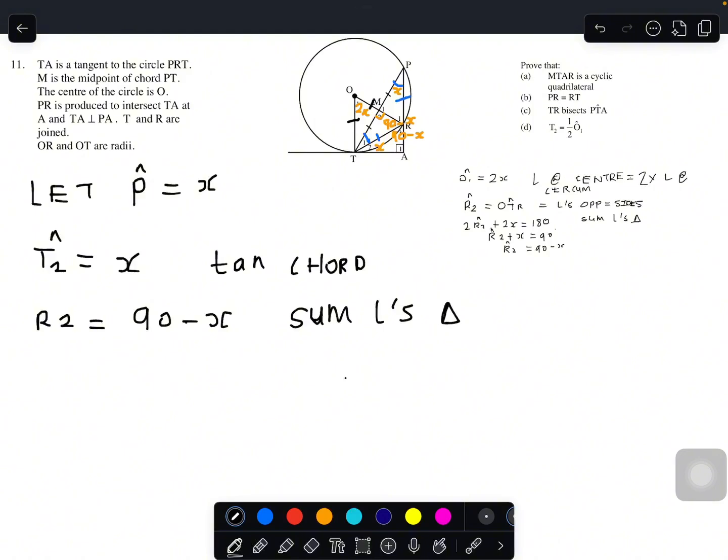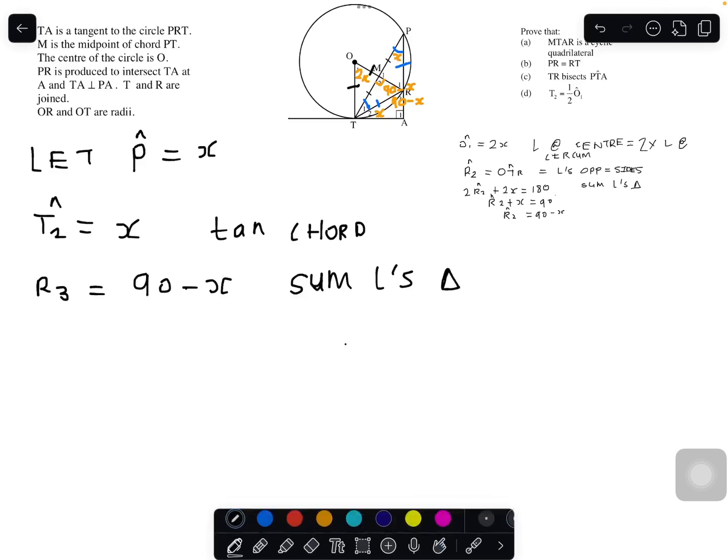And then now what we can do is work out T1. So what we'll say is R2, oh, this is R3. Okay, I made a mistake here. This is R3. We can now work out what T1 is.